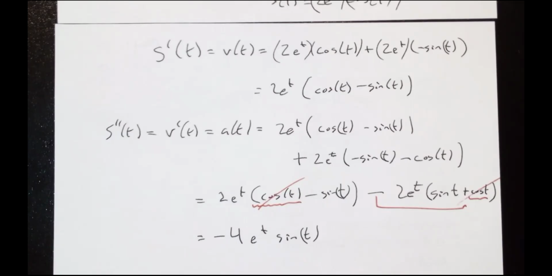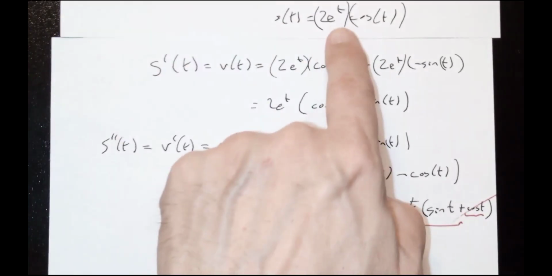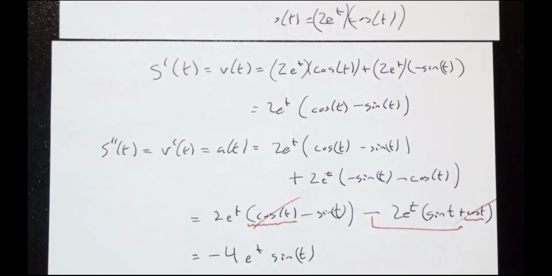Do me a favor. Let's graph this: 2e to the x cosine of x. Grab your calculator. Let's graph that stuff.